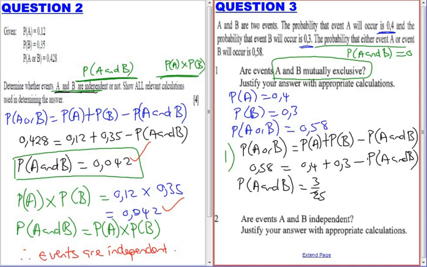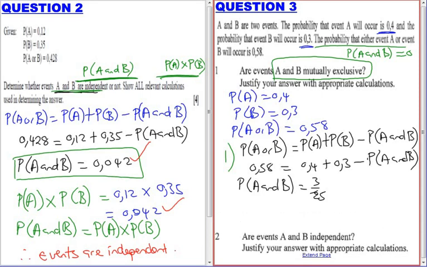So because I'm getting something that is not equal to 0, I know that events A and B are not mutually exclusive.